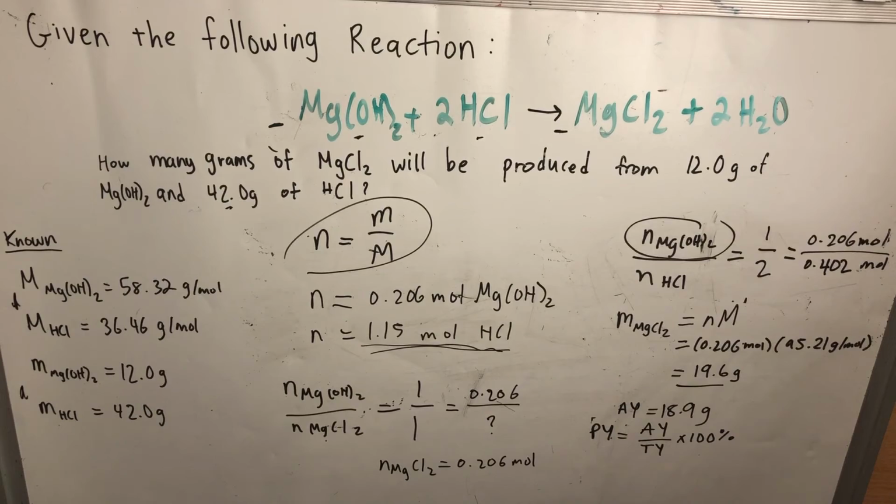So plug in our numbers, 18.9 grams over 19.6 grams times 100, and essentially our percent yield will be 96.4%. And this is a relatively high percent yield compared to other chemical reactions.